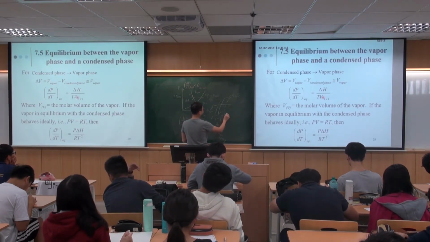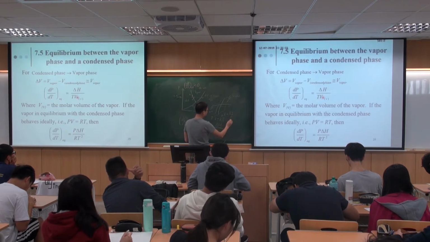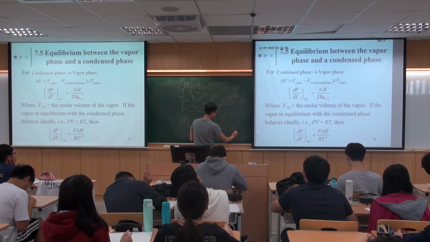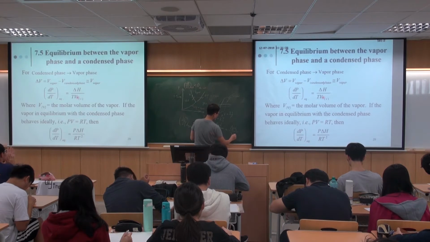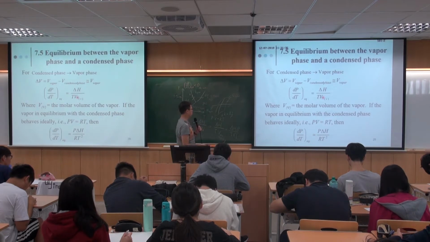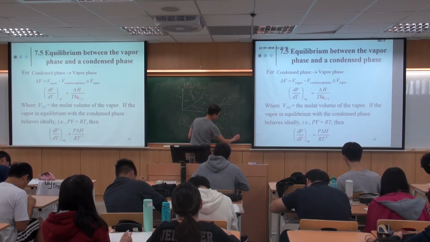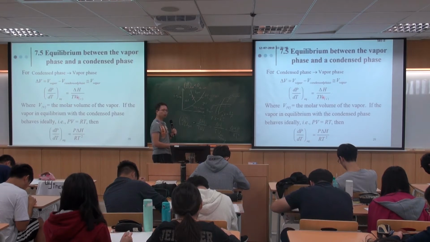Therefore, volume is simply RT over P, and this is R times T over P. Something like this. And you have two T's, so this is RT squared. So this is much simpler.